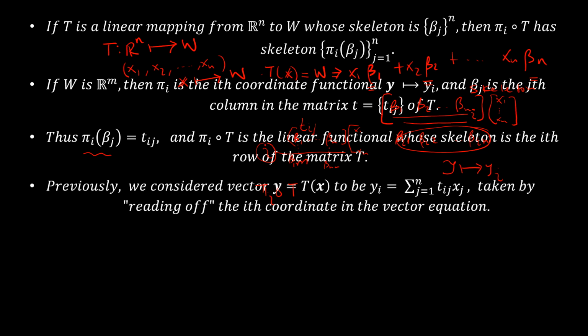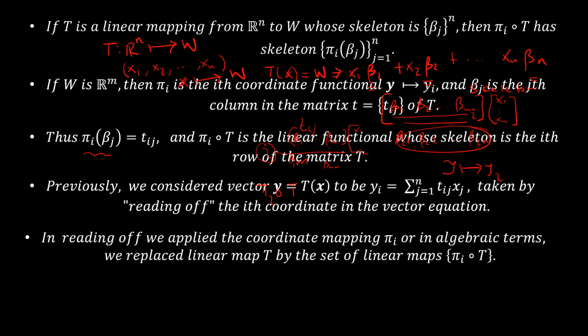Previously, we considered the vector equation y equals Tx to be yi equals the sum of tij xj from j equals 1 to n, taken by reading off the ith coordinate in the vector equation.